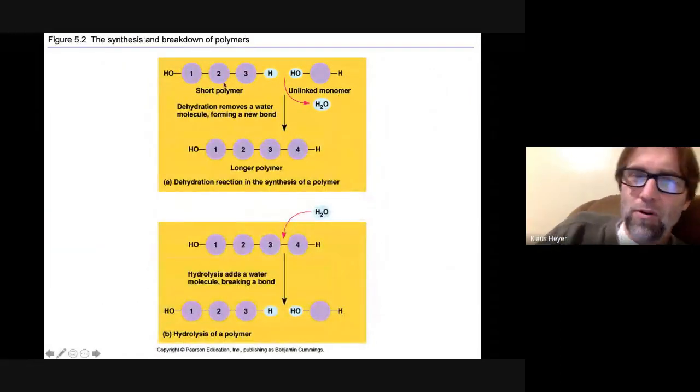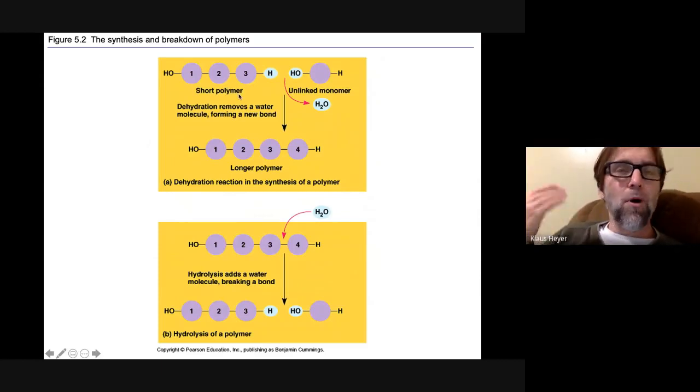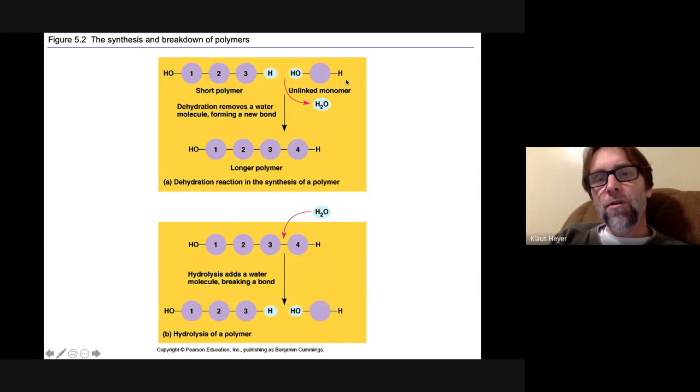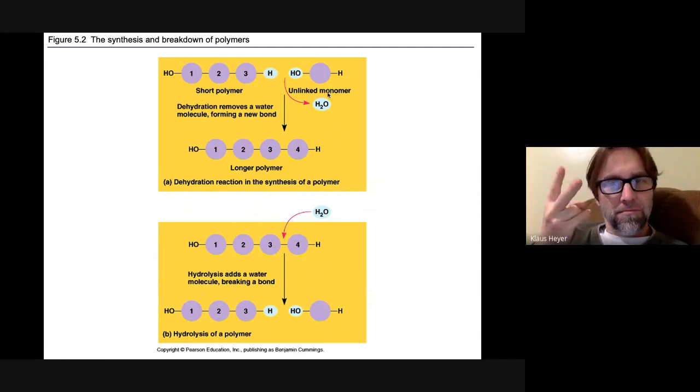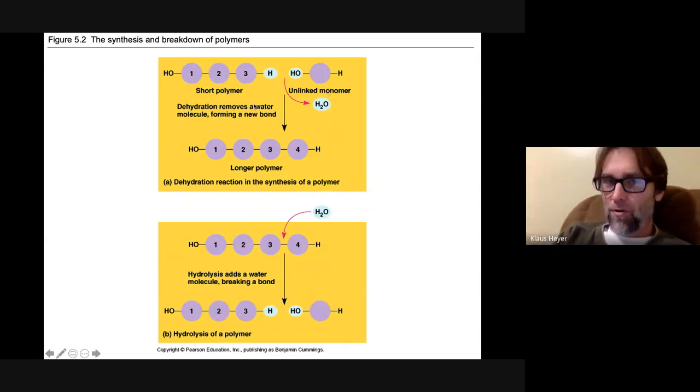Don't worry about these words, monomer and polymer. Mer means part. That's it. Instead of saying part, they're using the word mer. I don't know why. Mono means 1. Di means 2. And poly means many. That's all it means, many parts.